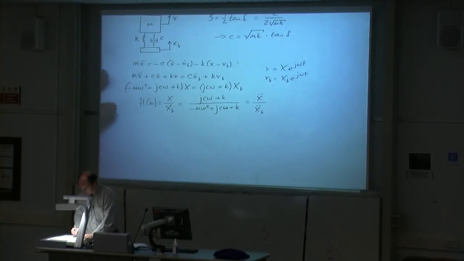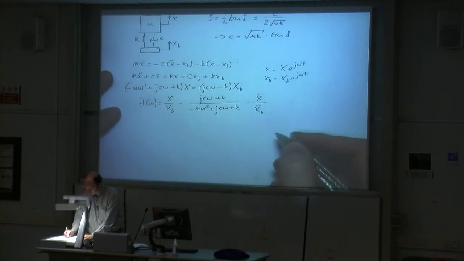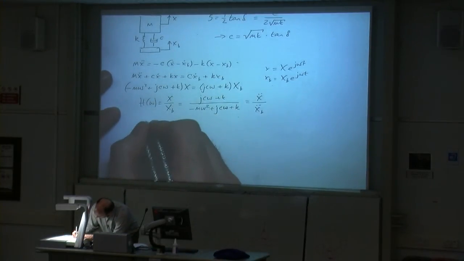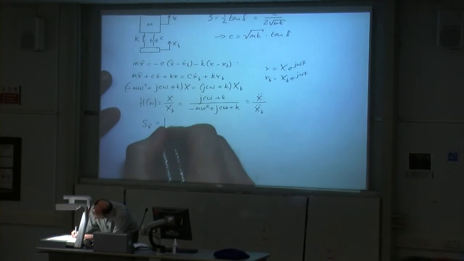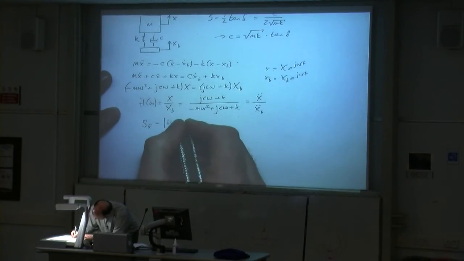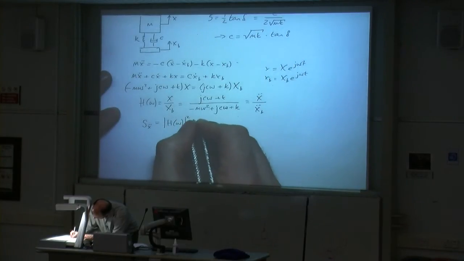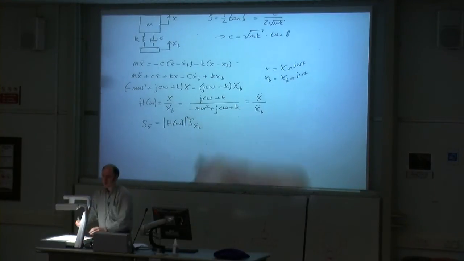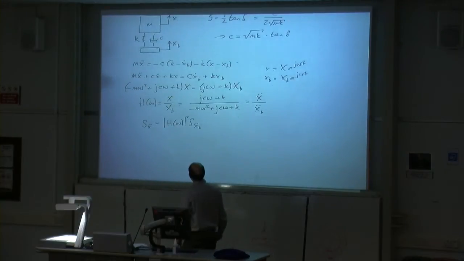We then move on, so that's obviously the first thing that we need to know. We then move on to the equation where we know that S of x double dot, our output, is going to be H omega modulus squared times S xb double dot. There's the first important equation.